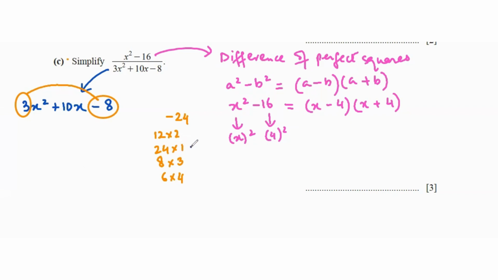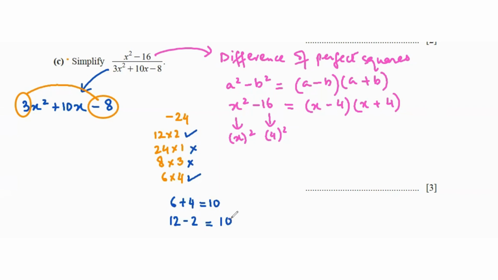We know 24 times 1 is not valid, 8 times 3 is also not valid, but 12 times 2 and 6 times 4 do match because 6 plus 4 is 10 and 12 minus 2 is also 10.